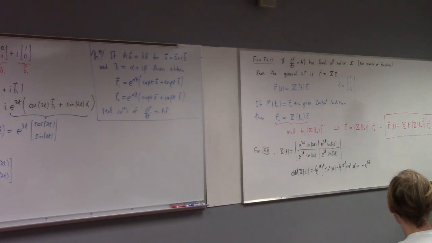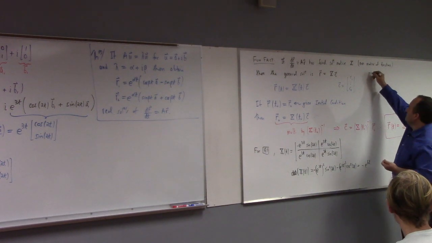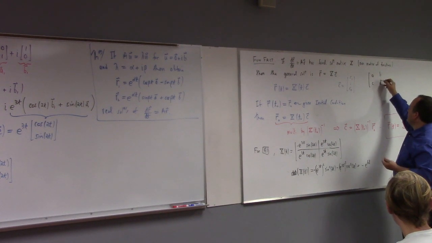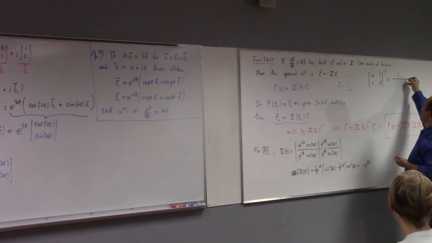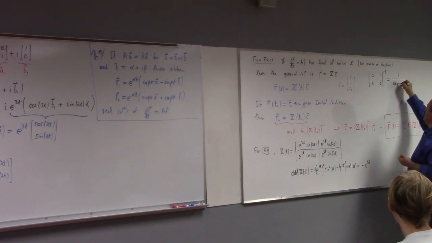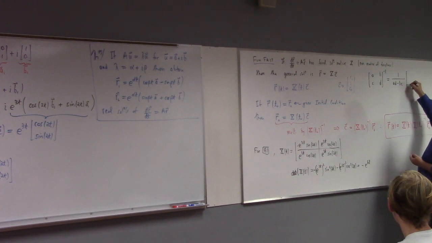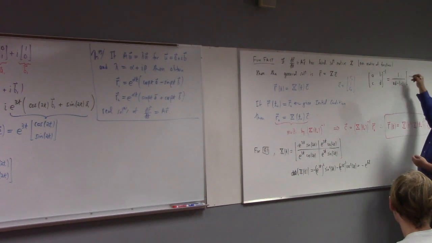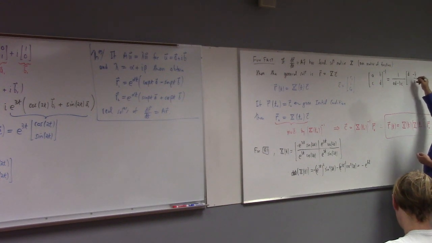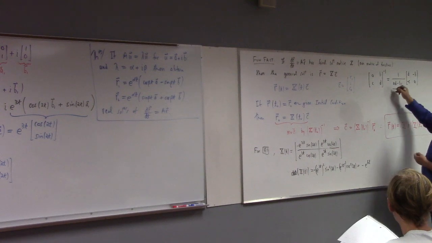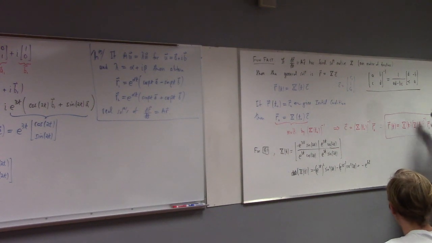I'll ask you a 2 by 2 problem, in which case we have a formula for the inverse. What's the formula for a 2 by 2 matrix inverse? If I've got A, B, C, D, what's the inverse? We do 1 over AD minus BC, flip the diagonals, D and A, and the minus is on the off diagonals. So there you go. This is the formula for the 2 by 2 inverse.